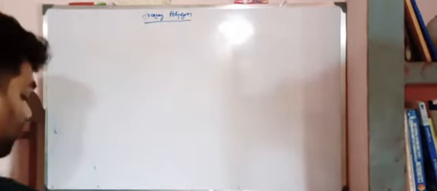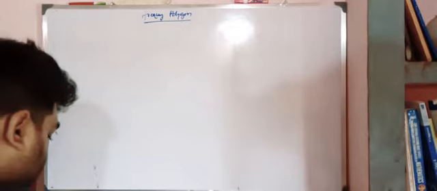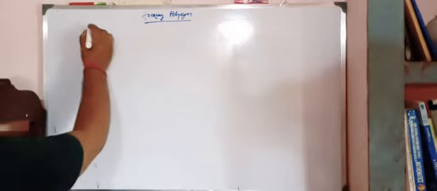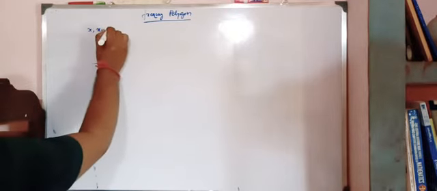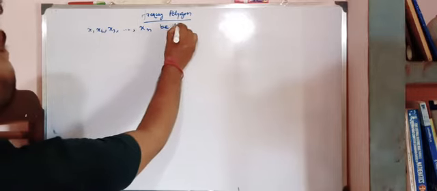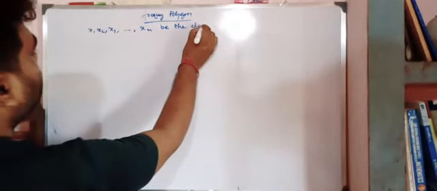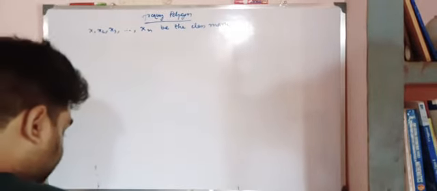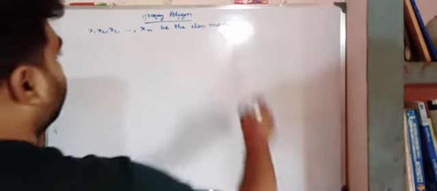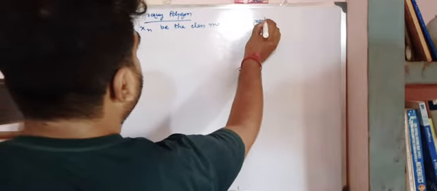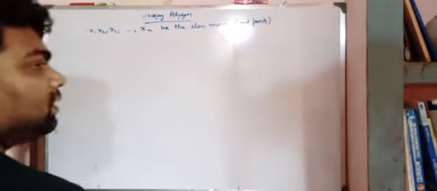Frequency polygon. Now, let x1, x2, x3, up to xn be the class marks, that is the midpoints of the given intervals. Understood?